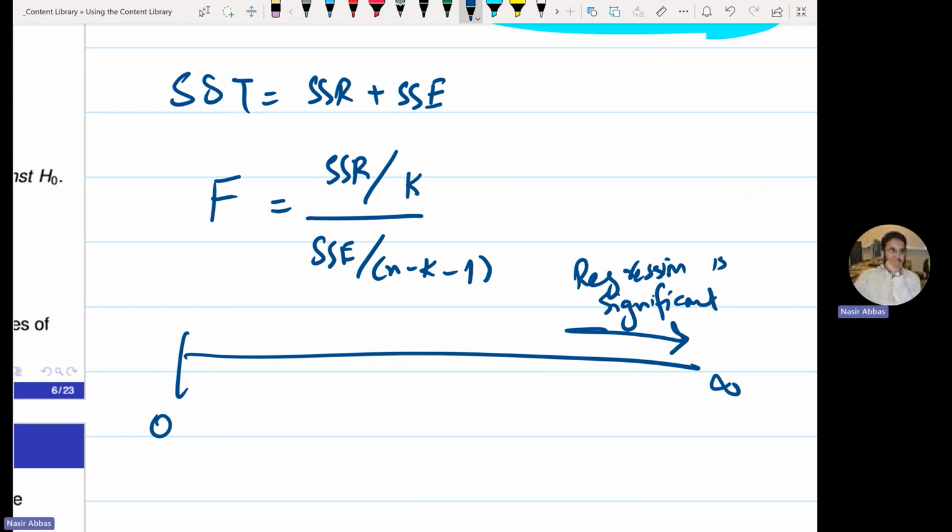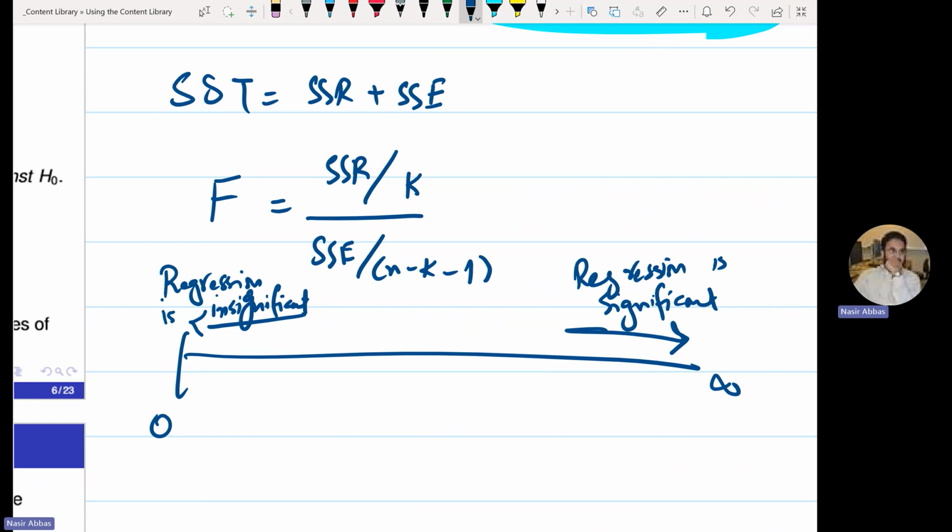SSR will go to 0. When SSR goes to 0, what happens to F? It goes to 0. So when your F goes close to 0, your regression is insignificant. When it goes to infinity, your regression is significant.